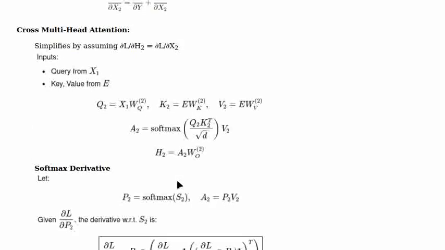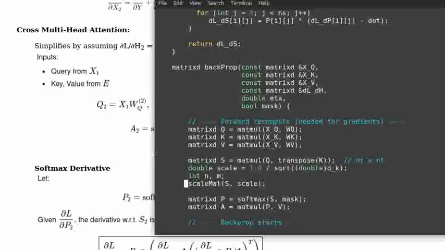So these are the formulas for cross multi-head attention. It is similar for the masked multi-head attention. So for this, the mask is false. For the other, the mask is true in our implementation. Okay.